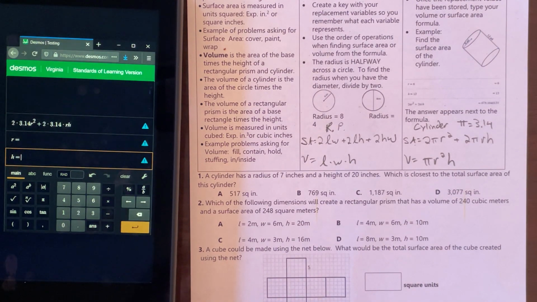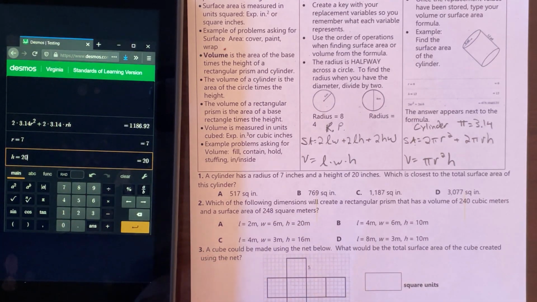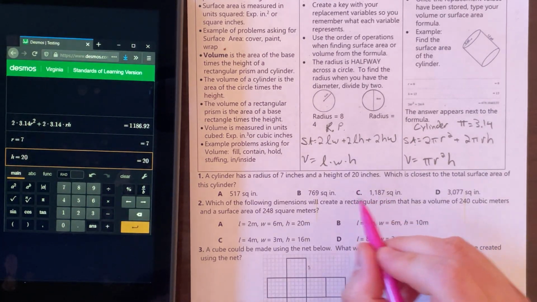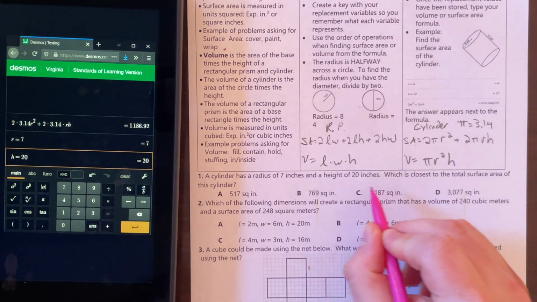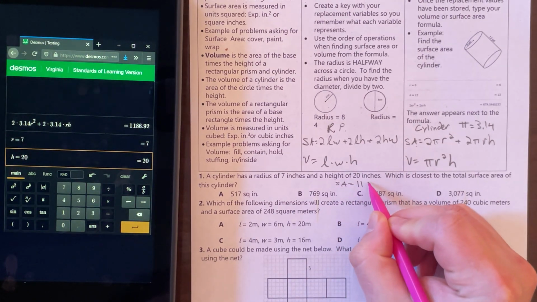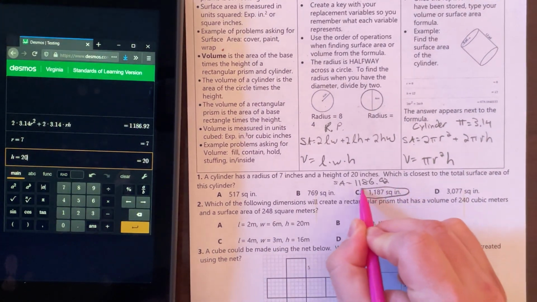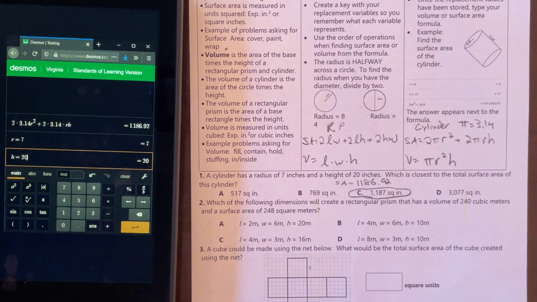All right, the radius for this is 7 and the height is 20. That means our surface area is exactly 1186.92, which is closest to C.